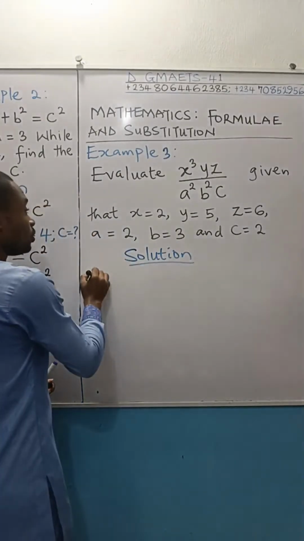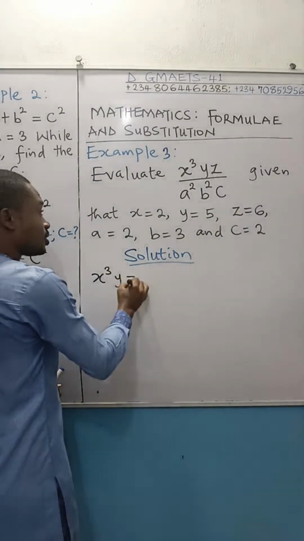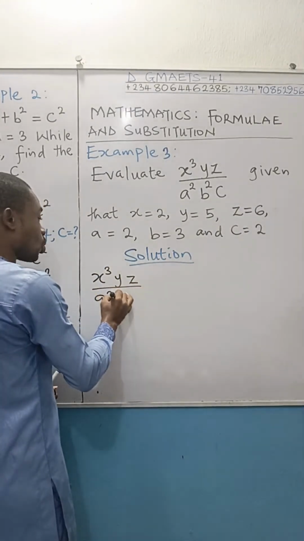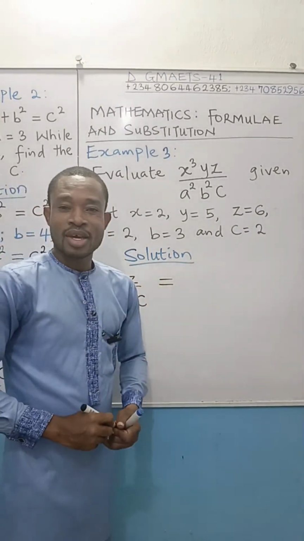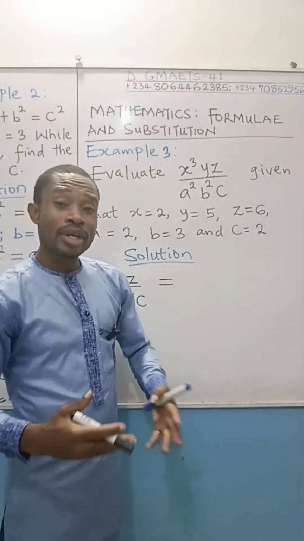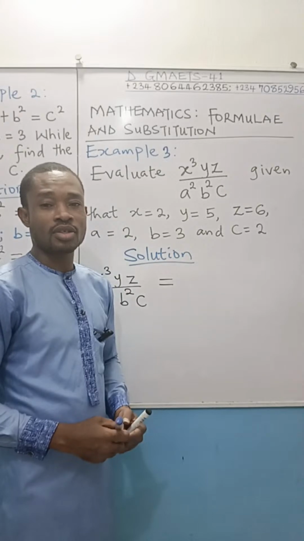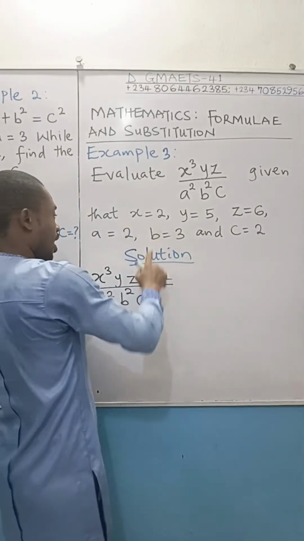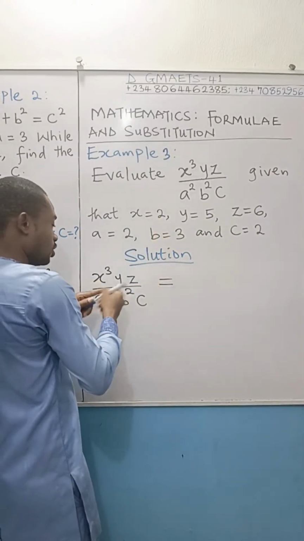Okay, so let's go. We have x raised to the power 3, y, z all over a squared, b squared, c. Now I am going to solve it straight, because you have been following what I've been doing. Let us do our substitution. From the question, what is the value of x? x is 2. So in place of this x, we're going to fix 2.